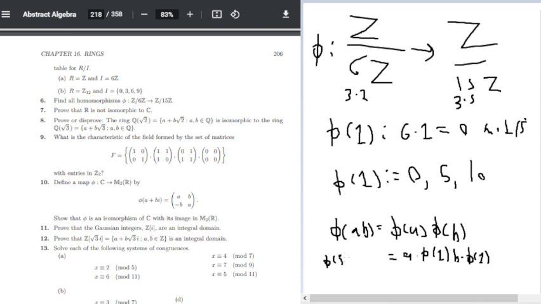We need to find another example. Phi of 3, phi of 5. 3 times 5 is equal to 15.